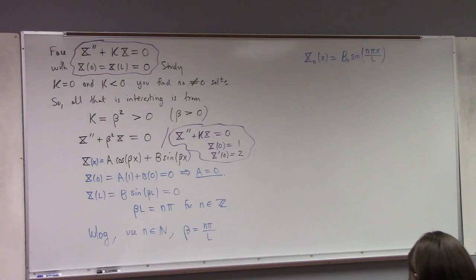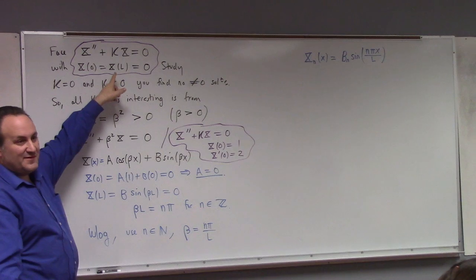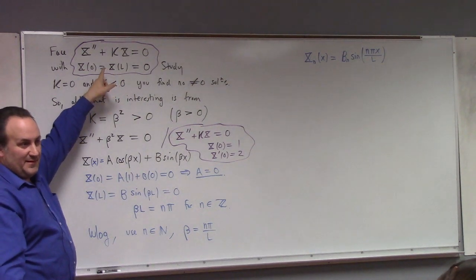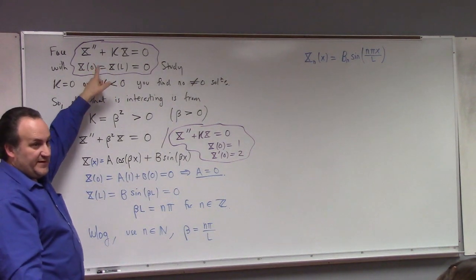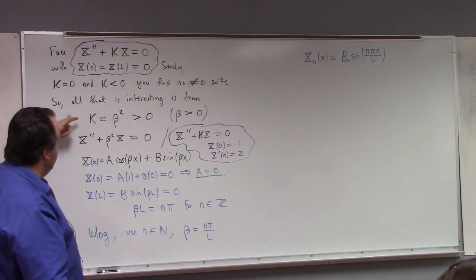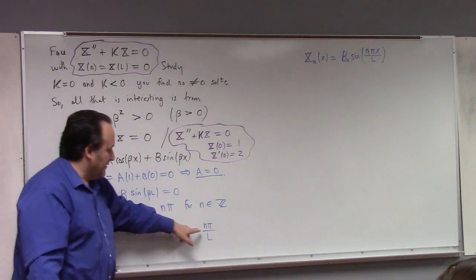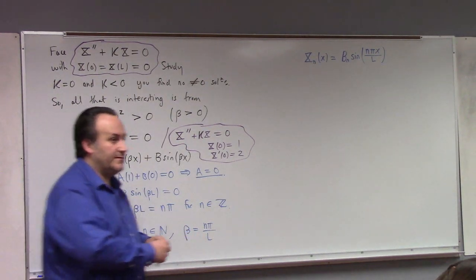I proved that this semester in another class, more or less. Up here, there are no non-zero solutions unless you are so fortunate that k is equal to beta squared, which apparently means n squared pi squared over L squared, right?